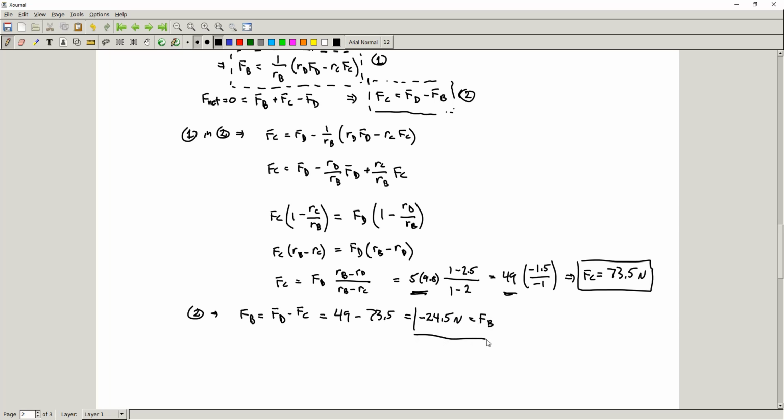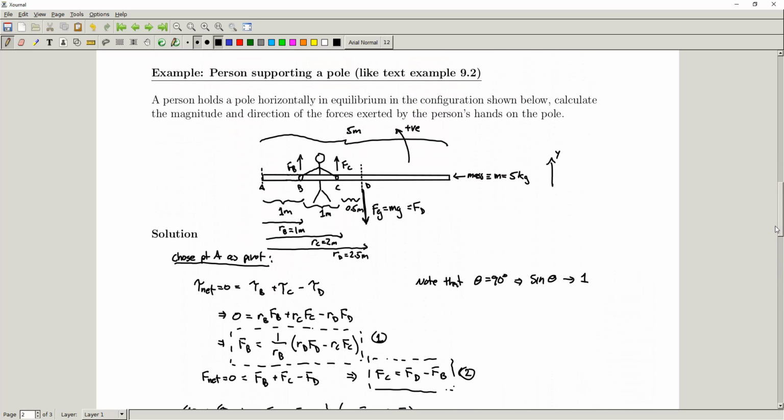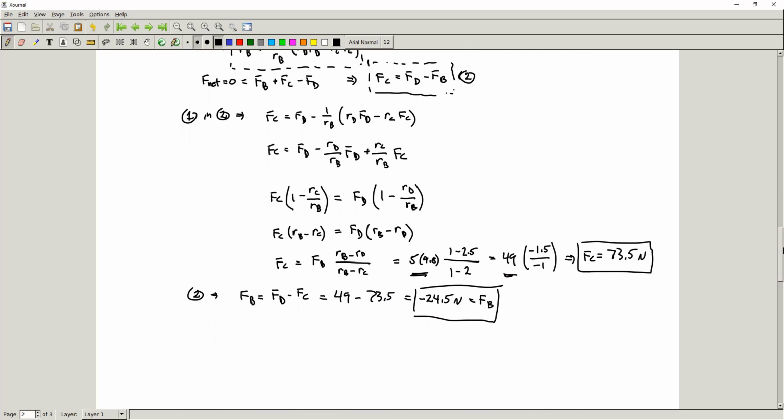So what is that telling us? Well, that's telling us that we have a 24.5 Newton force, but in the negative direction than we chose. So actually, the force that this hand will need to supply is a downward force of 24.5 newtons, right? So that minus sign is telling us that the FB upward that we chose here was incorrect, and that we need to actually apply a force downward, right?